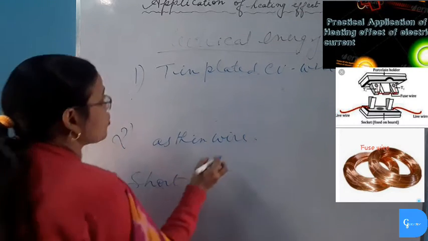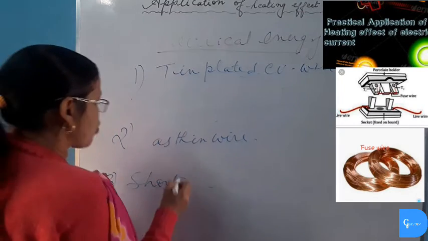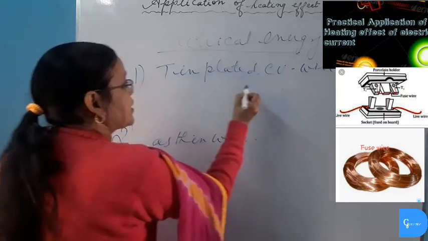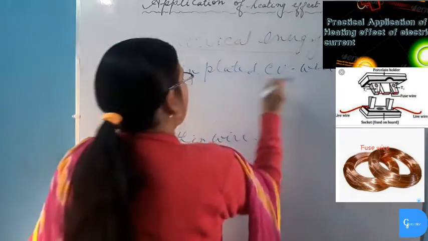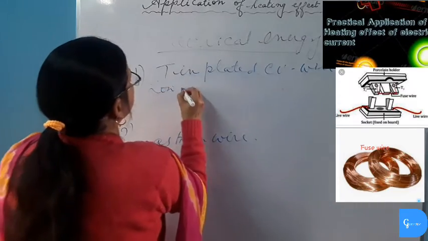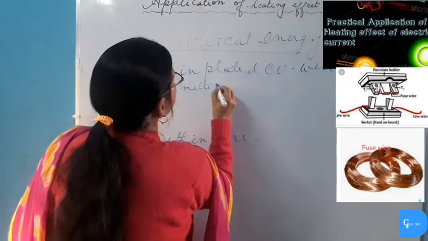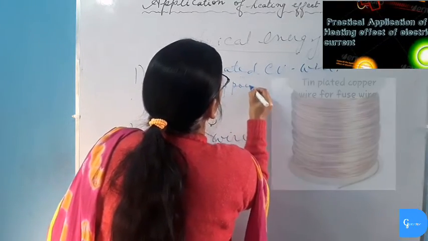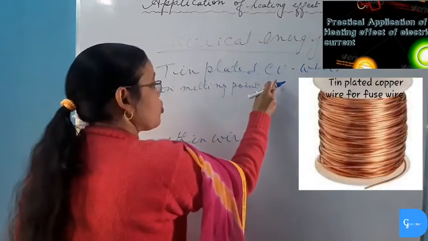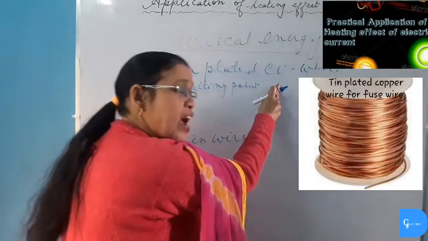So what are the characteristics of fuse wire? Fuse wire will be short, thin and tin plated copper wire. Tin plated copper wire has very low melting point, whereas if it is made of pure copper, then copper has very high melting point.